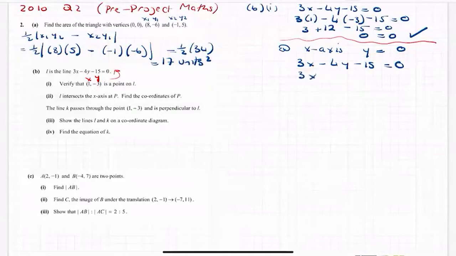So 3x minus 4 times 0 minus 15 is equal to 0. Well, anything by 0 is 0, so that just disappears. So I have 3x, I'll bring the minus 15 over and it'll become plus 15, divide by the number in front of x. So x is equal to 5.